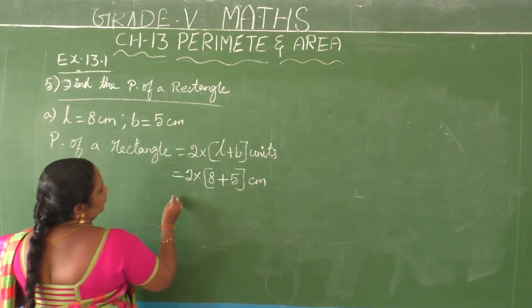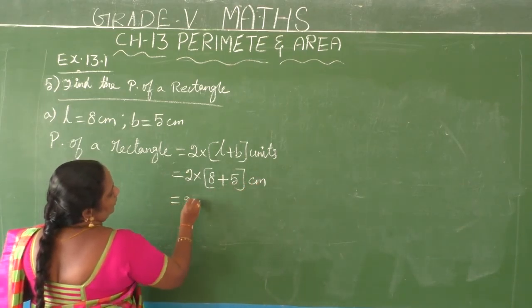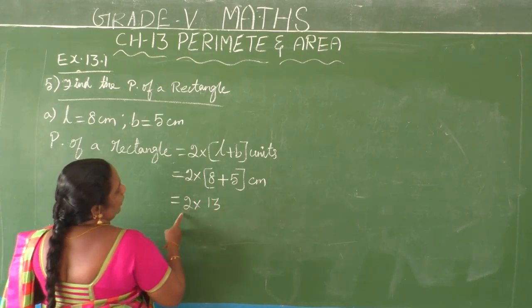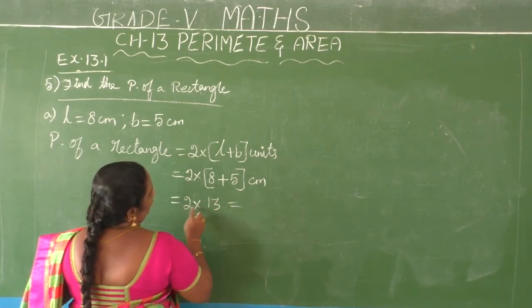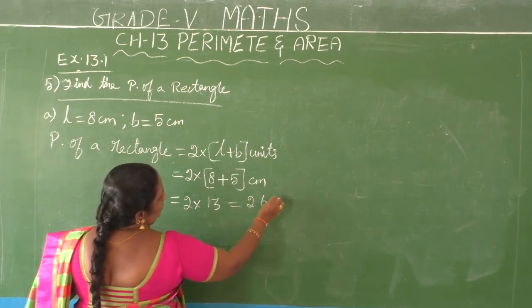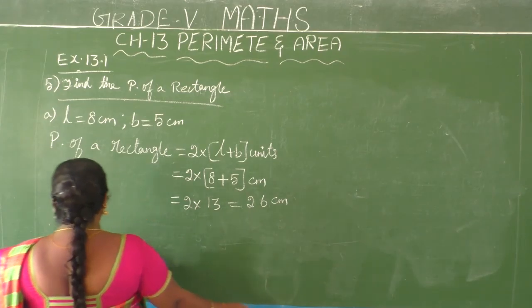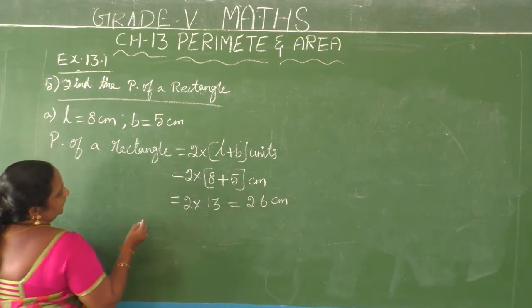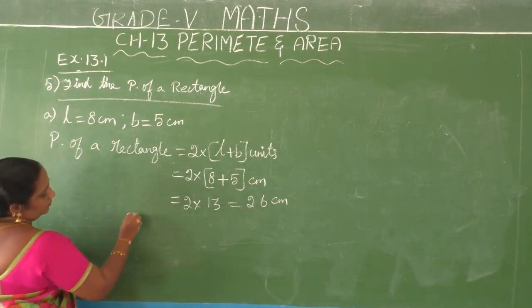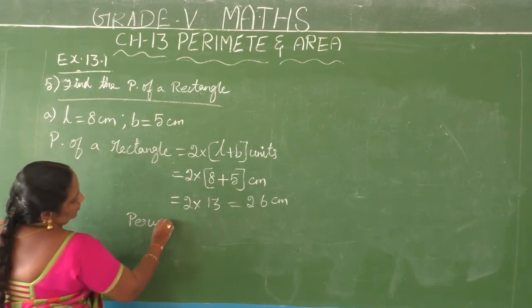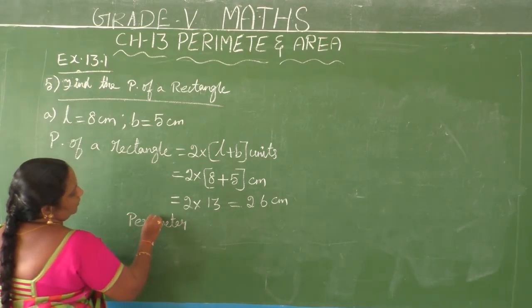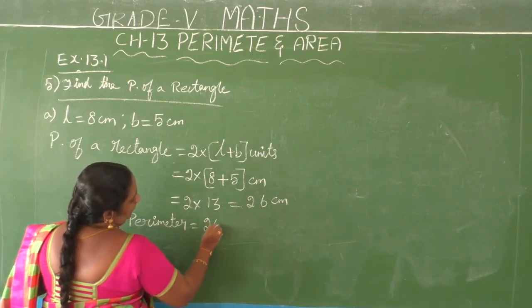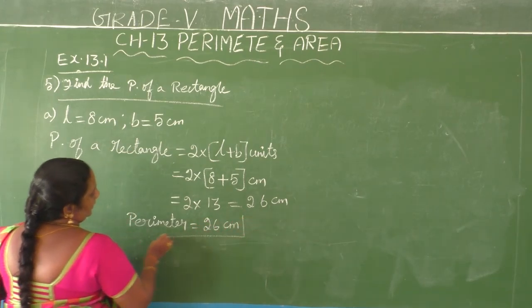So 8 plus 5, 13. Now you have to multiply by 2. 2 3s are 6, 2 1s are 2. So perimeter equal to 26 centimeter. That's the answer.